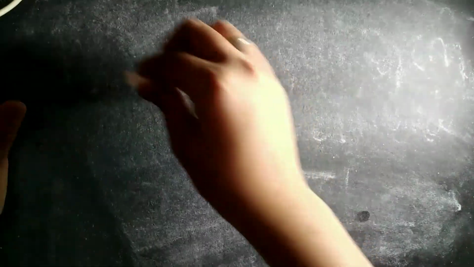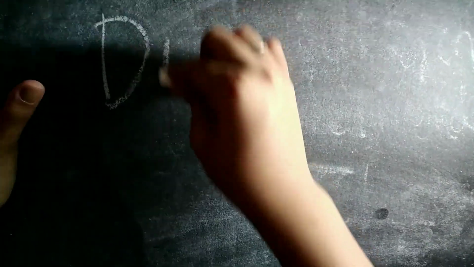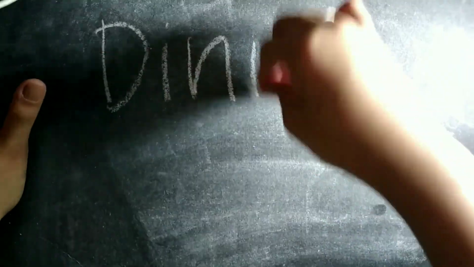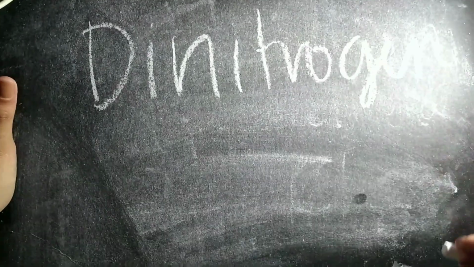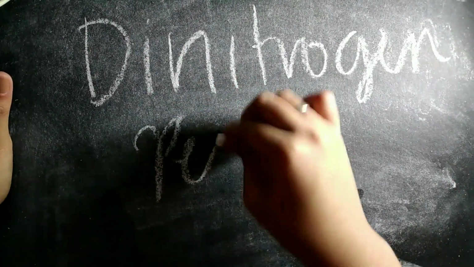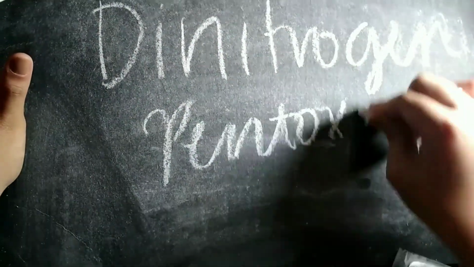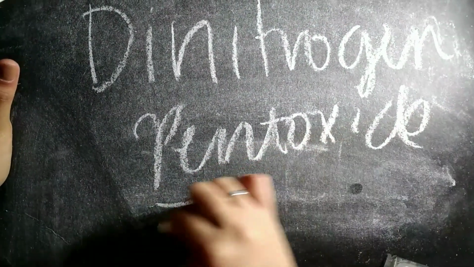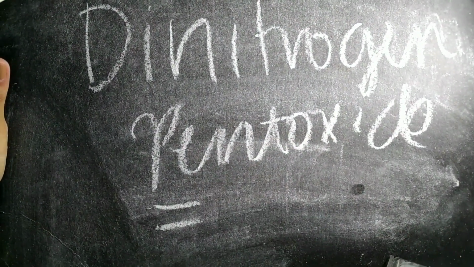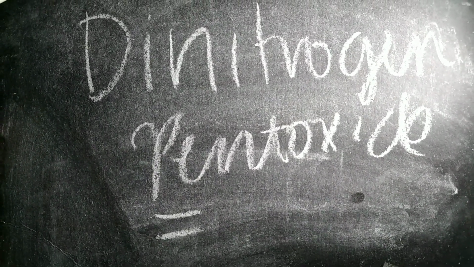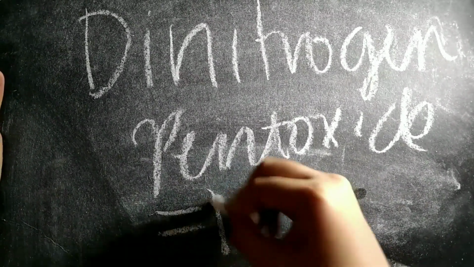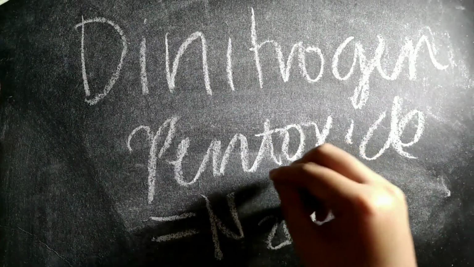The number 7 is dinitrogen pentoxide. And the covalent formula of dinitrogen pentoxide is N2O5.